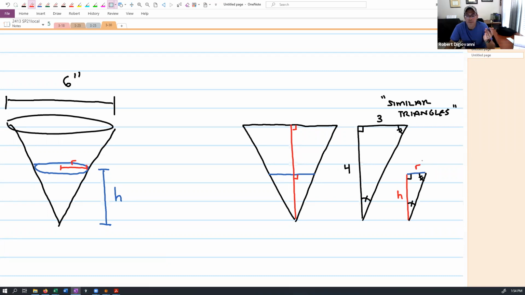Now, the property of similar triangles. The property says this: given two similar triangles, the ratio of corresponding sides are equal. All that means is this.